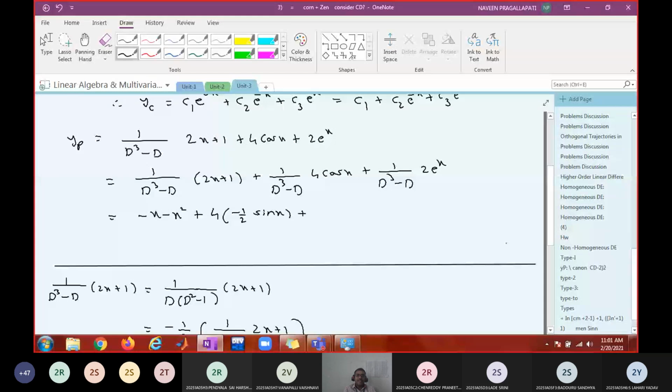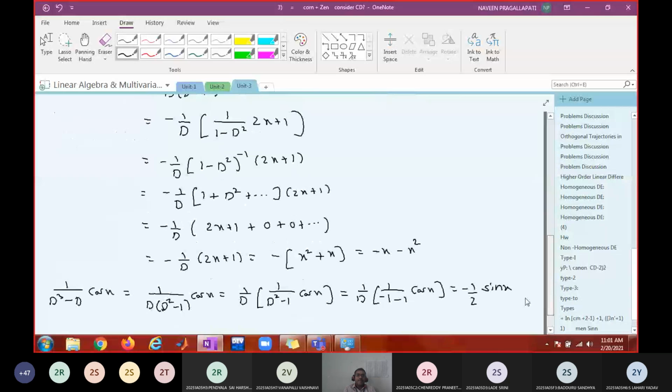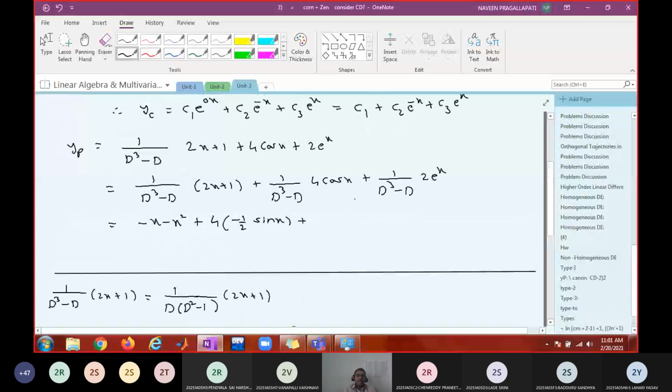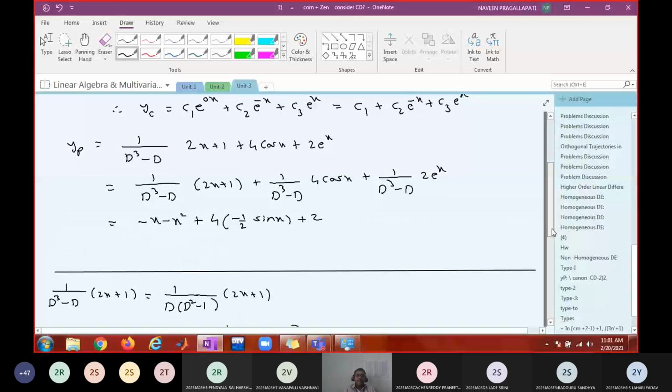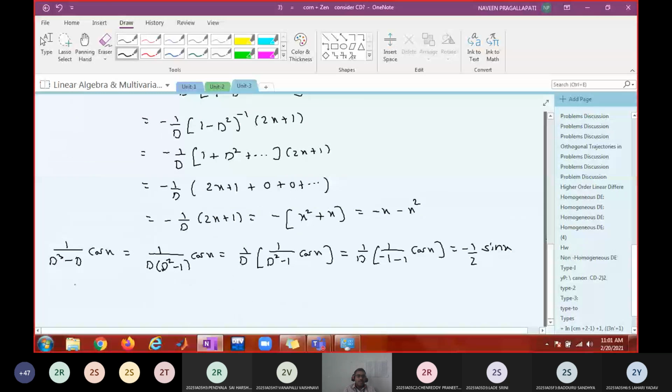One last thing is D cube minus D of e power x. The constant 2 you write down outside. So 1 by D cube minus D of e power x. What is this? 1 by D into D square minus 1 of e power x.